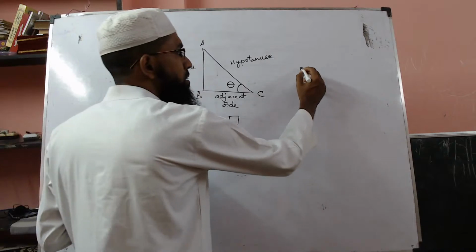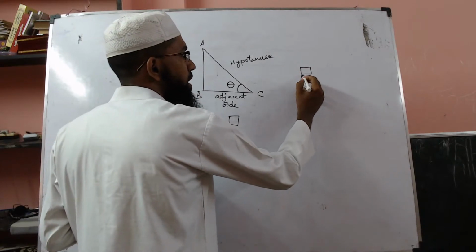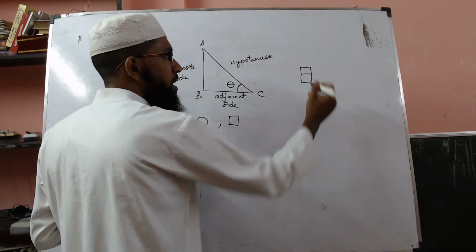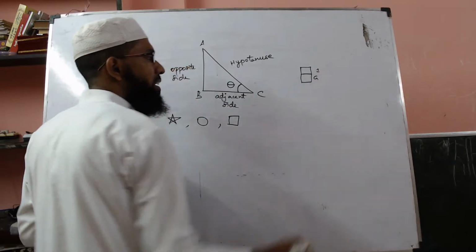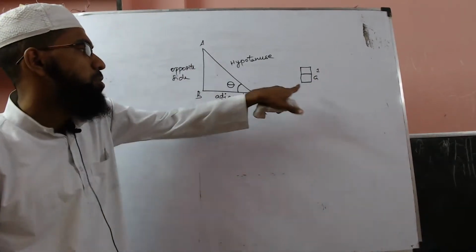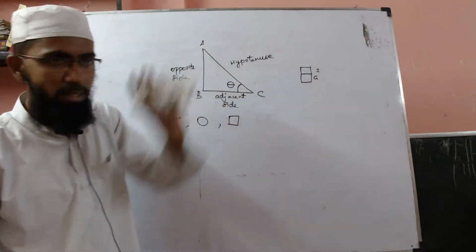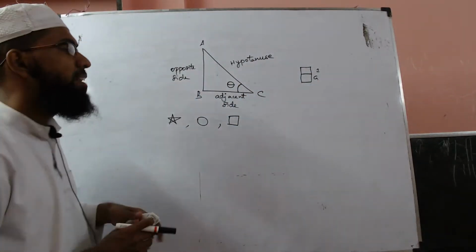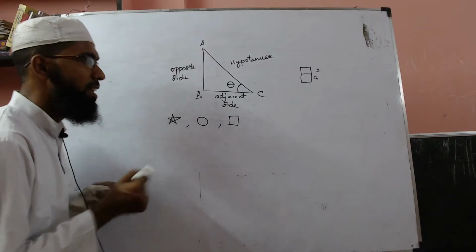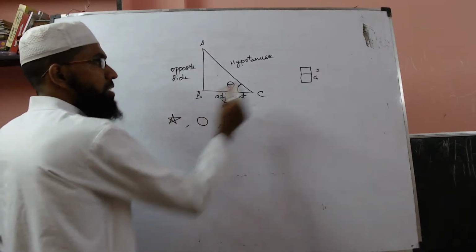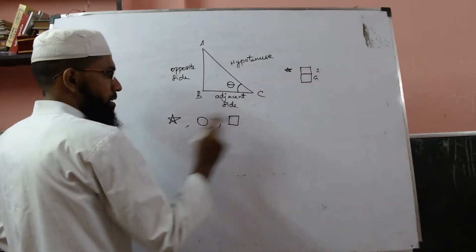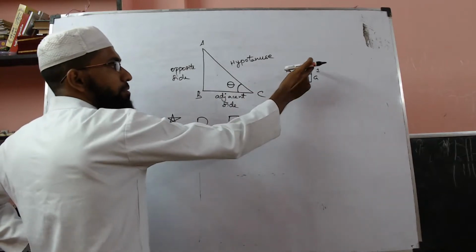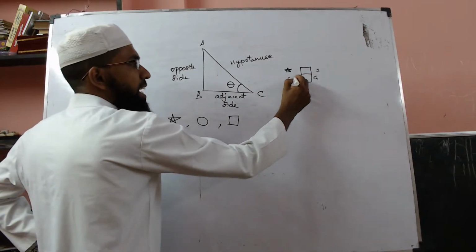Imagine a house with a ground floor and a first floor, with a small kid on each floor. In what ways can we give these three chocolates to the kids? Either I can give the star to the first floor kid and the rest to the second floor kid.